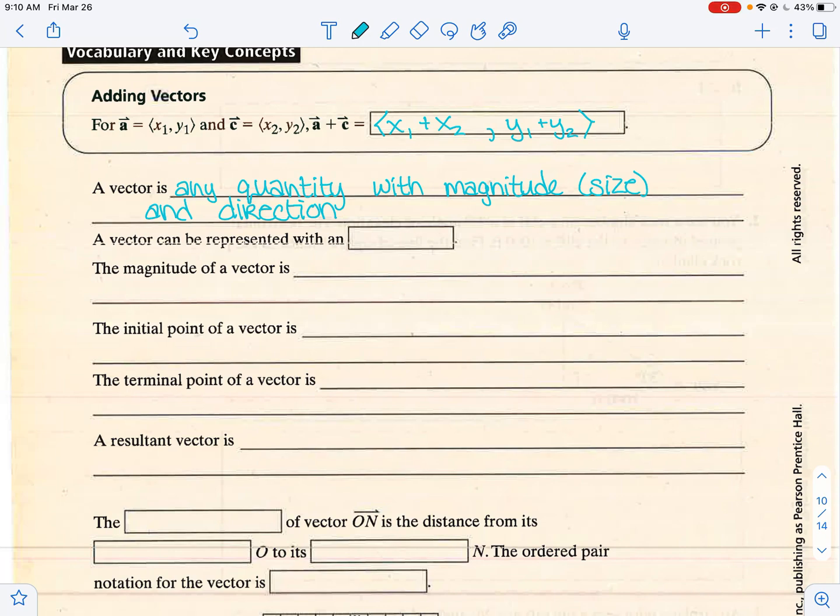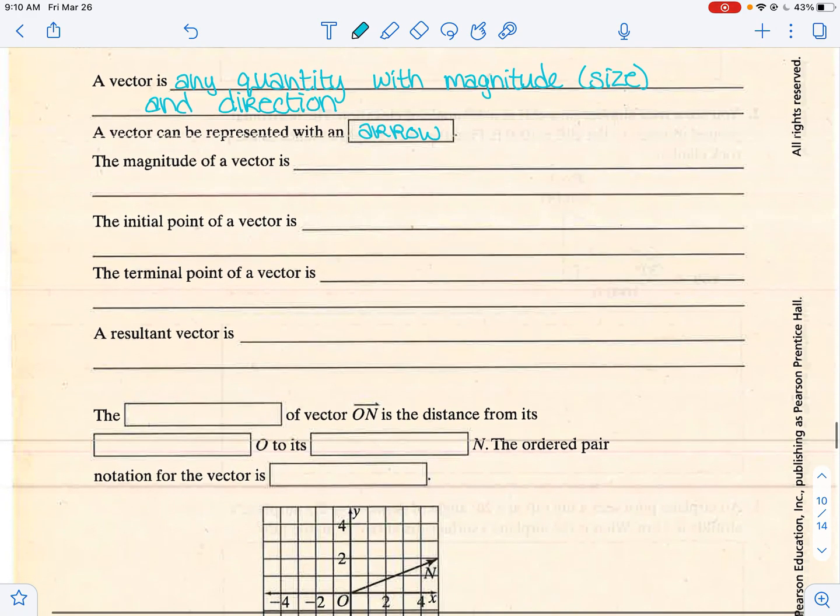And a vector can be represented with an arrow. Okay, so magnitude. The magnitude of a vector is the distance from the initial point, or where it starts.